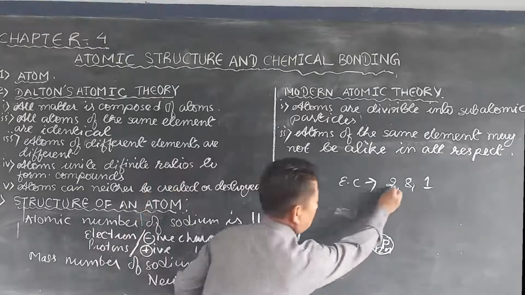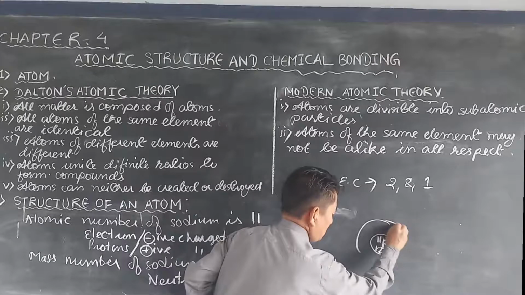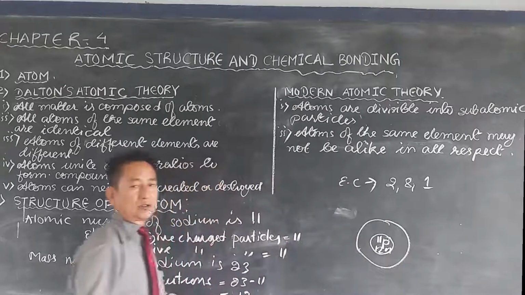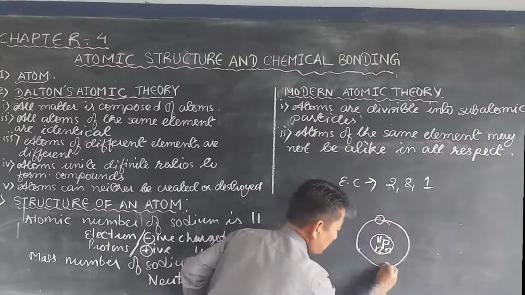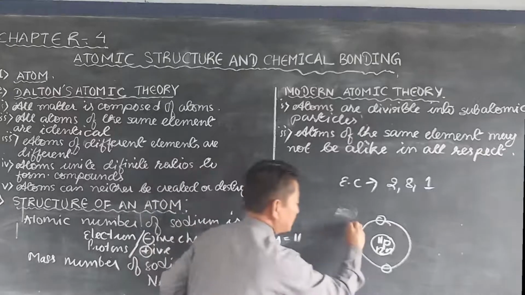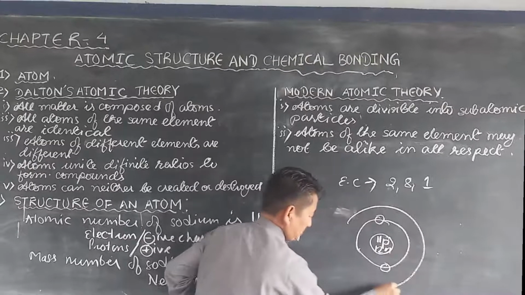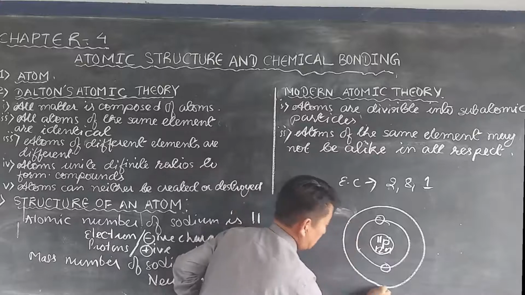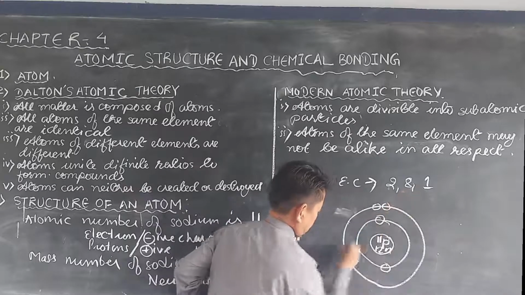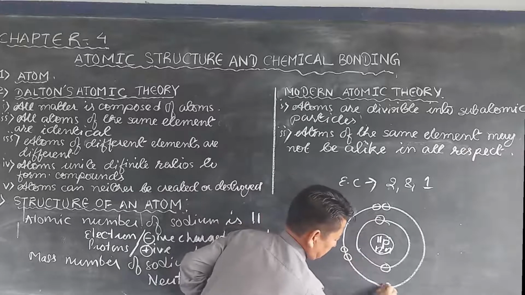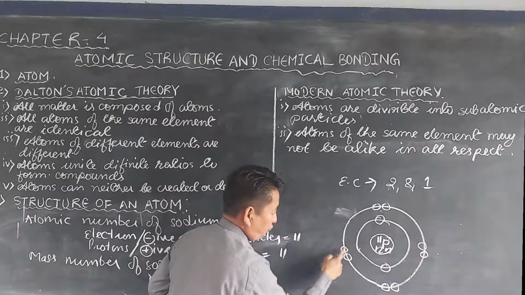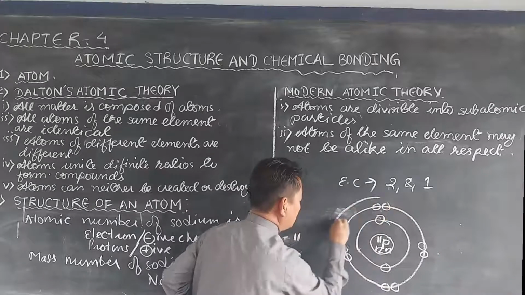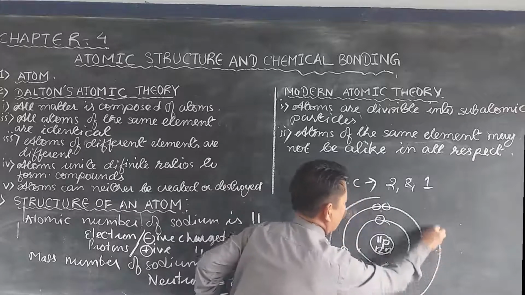First cell: how many electrons are there in the first cell? 2. I'll write here. Now next, second cell, 8 electrons: 2, 4, 6, 8. Now the outermost cell has 1 electron.